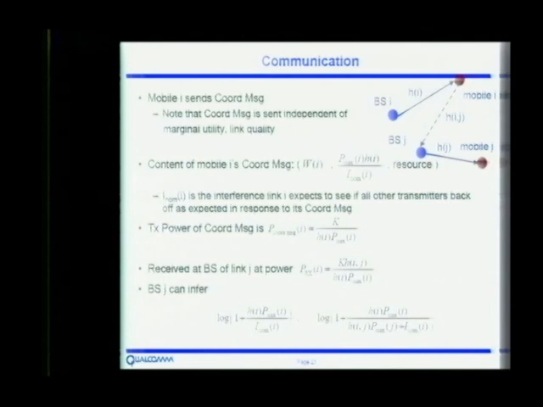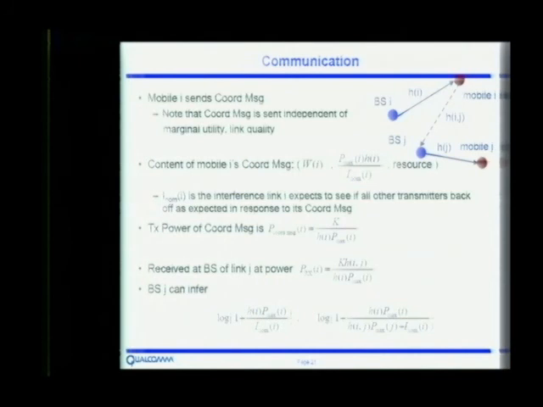But then essentially the way to look at it is, if my interferer backs off, this is my SINR. And then you scale the power of the transmitted message in a certain way. I won't go through the detail. Essentially what you can infer at the interferer are 2 quantities. So the transmit power, if you scale it, can convey some cross-link information.